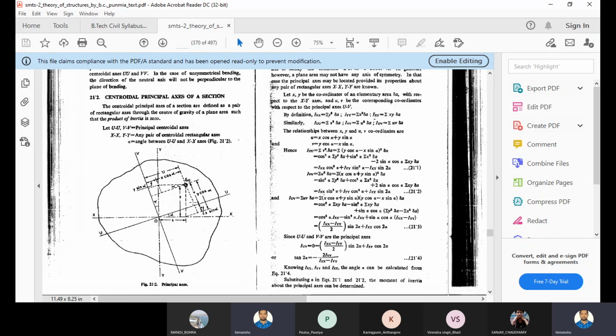Let's suppose a random area is there, with no defined geometry or boundary, completely irregular. Let UU and VV be this axis and this axis.